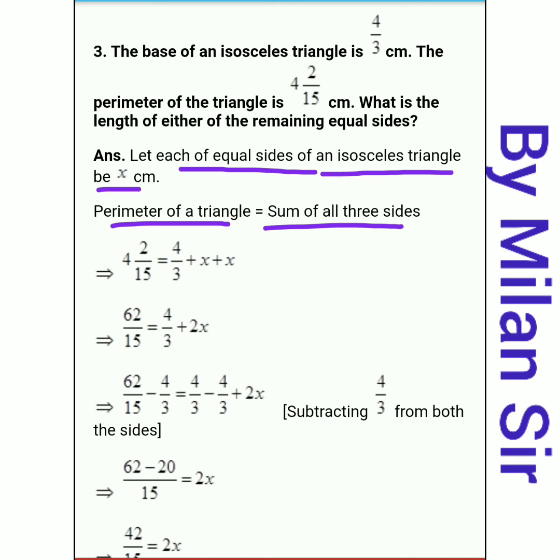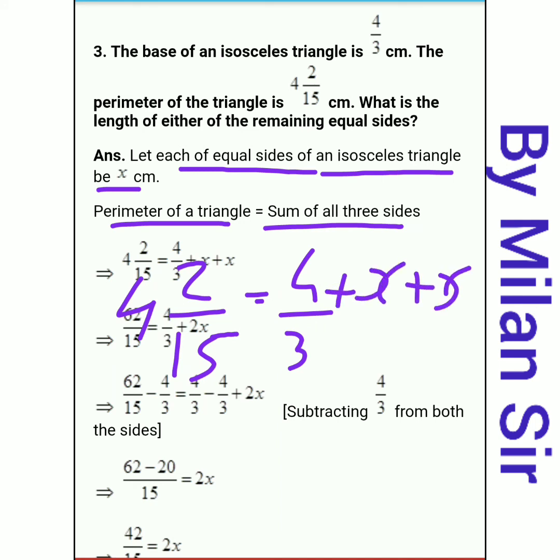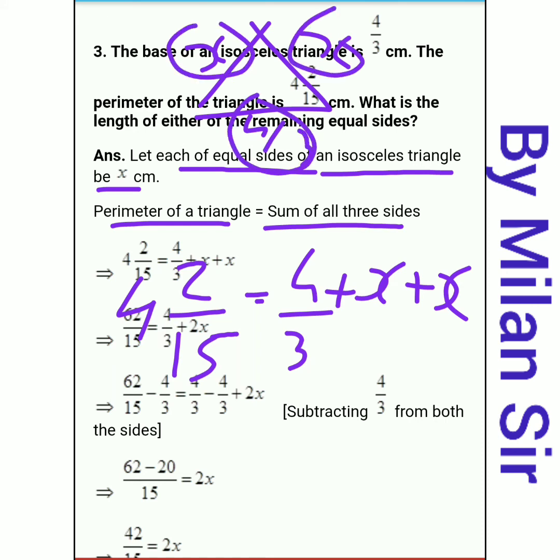The perimeter is given as 4 2/15, and the sum of all 3 sides is 4/3 plus x plus x. So 4 2/15 is equal to 4/3 plus x plus x. This is our perimeter.